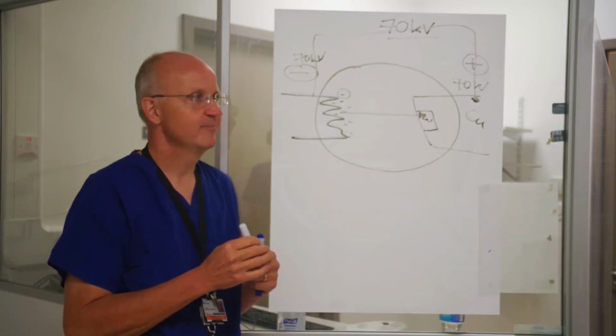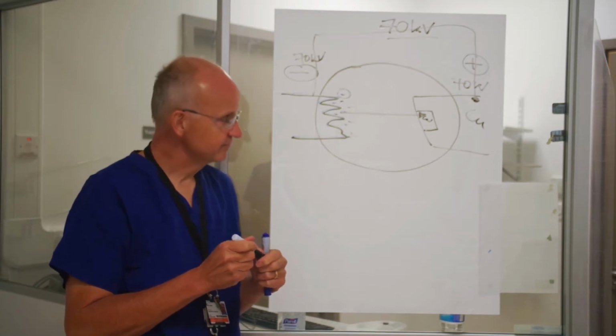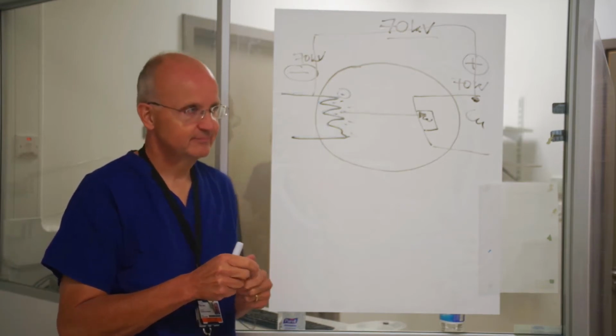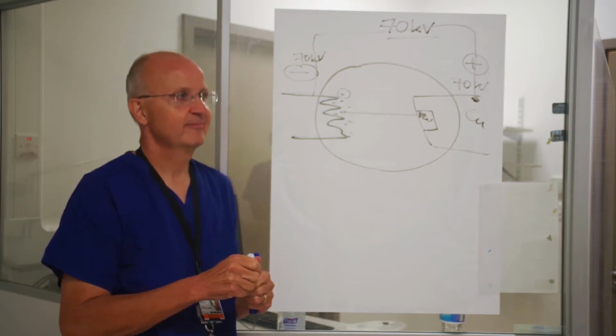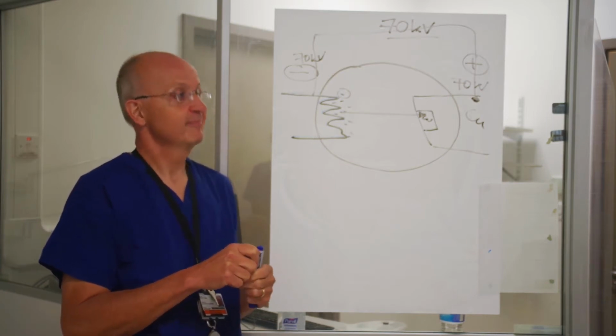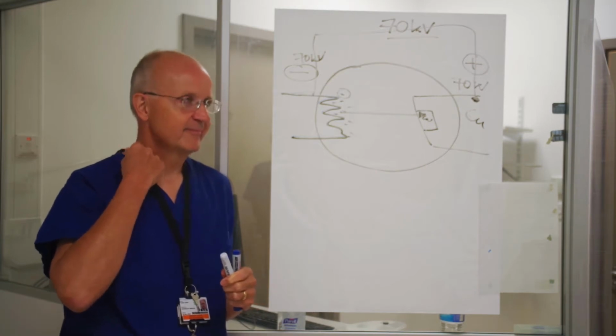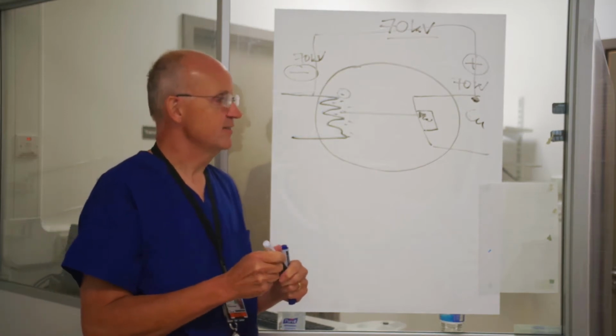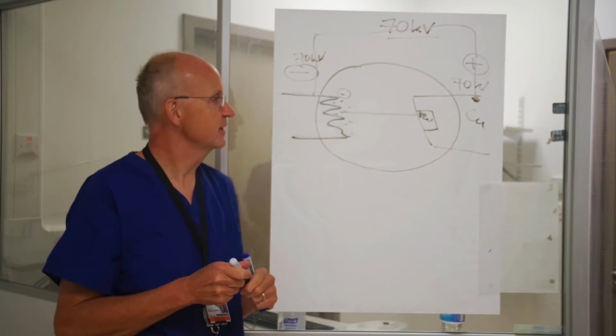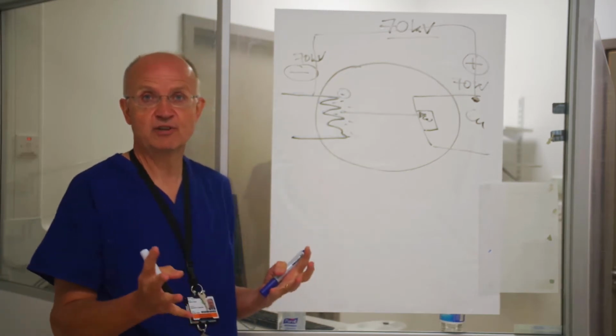Well, then you have interactions from the incoming electron with the electrons within your tungsten in your target. And that's one of the reasons why, of course, we use tungsten, because it's got a high atomic number. Excellent. Okay, so going back to one of the fundamental laws of physics, you can't create or destroy energy.